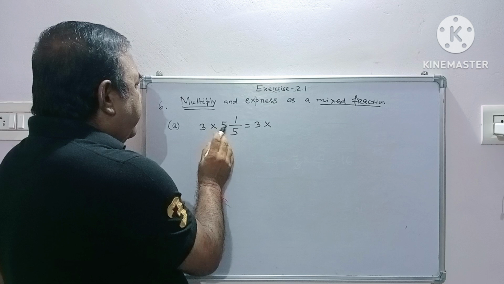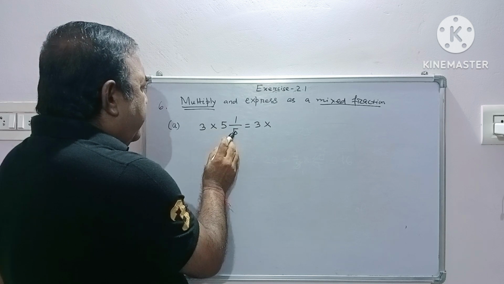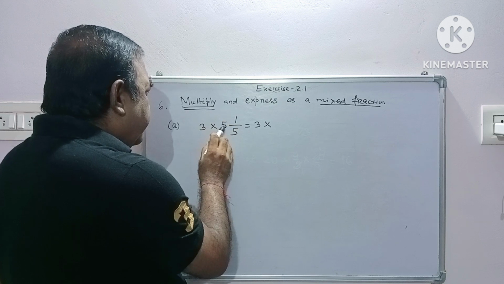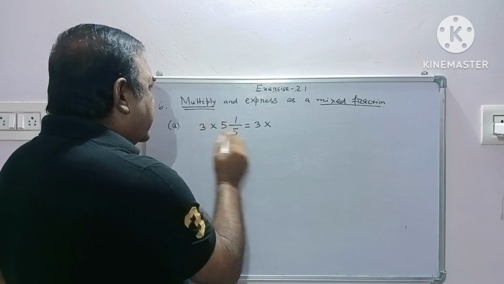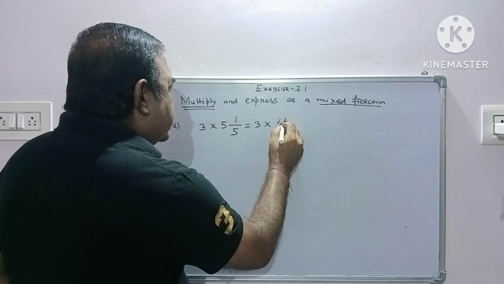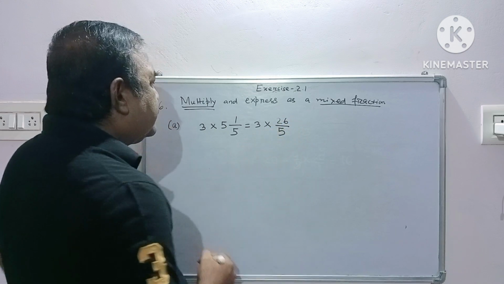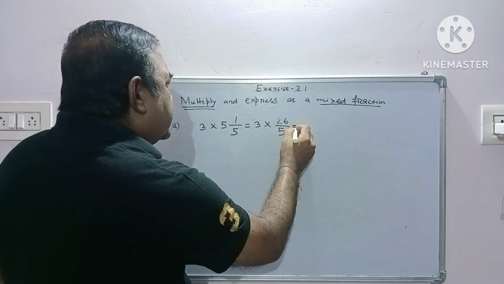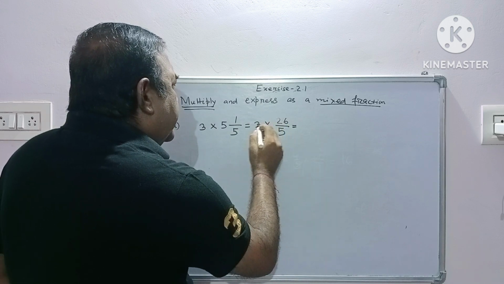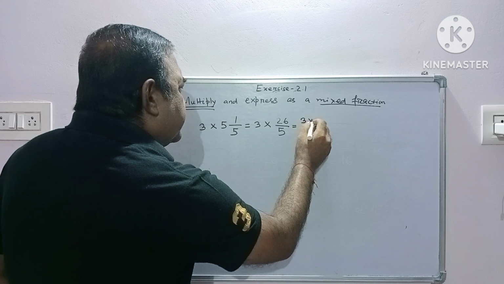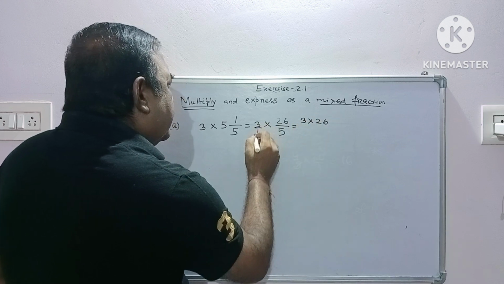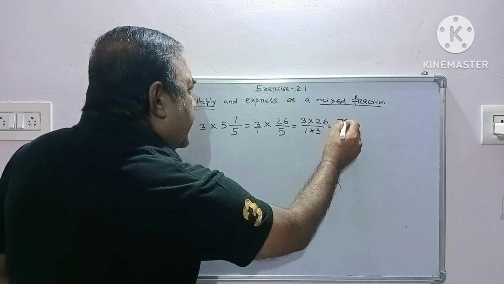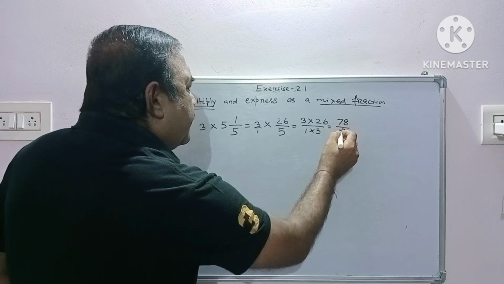You see 5 5s are 25, then you add 1 with that product. So 5 5s are 25, 25 plus 1, that is 26 upon 5. Okay, so 3 means 3 upon 1, already you know it. So you may write now 3 into 26. If you give here 1, then you may write like this. You move to 78 upon 5.